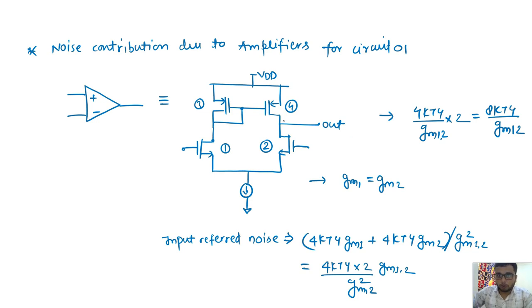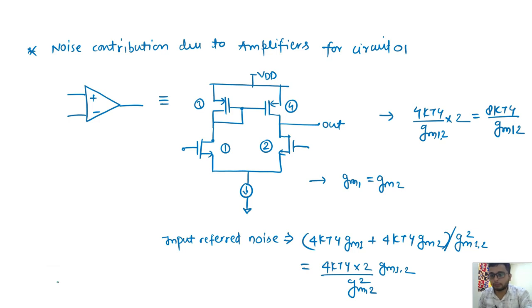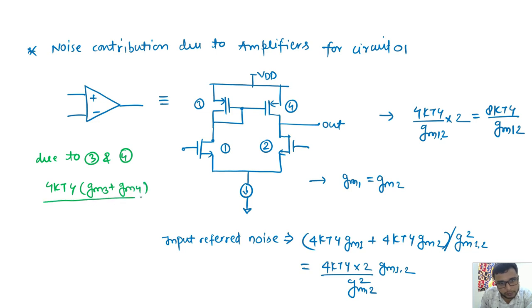Okay, and also these 3, 4 also contribute. So due to transistors 3, 4, I will not consider that because it is not that significant, but even it can be considered. It is nothing but output noise is 4 kT gamma gm3 plus gm4, and input referred is nothing but divided by gm1,2 square.